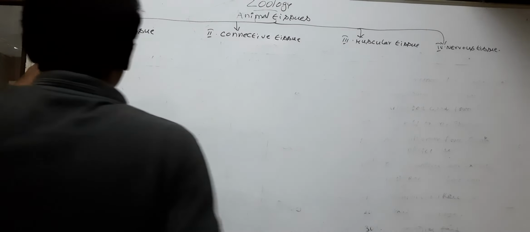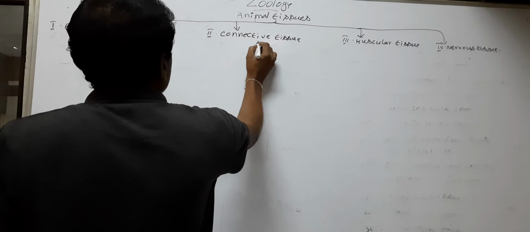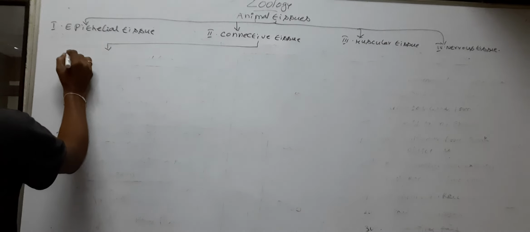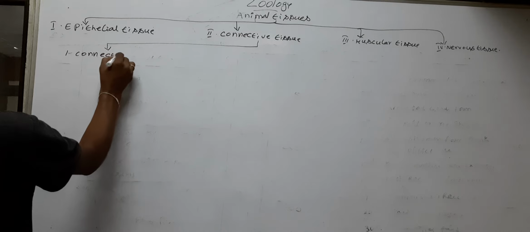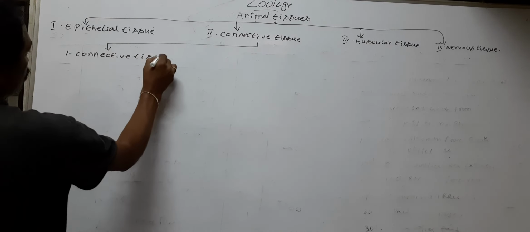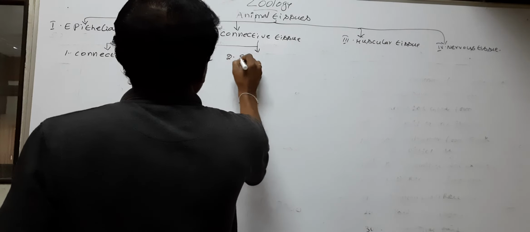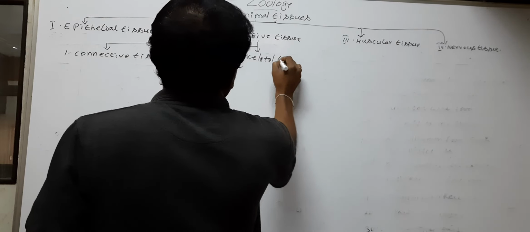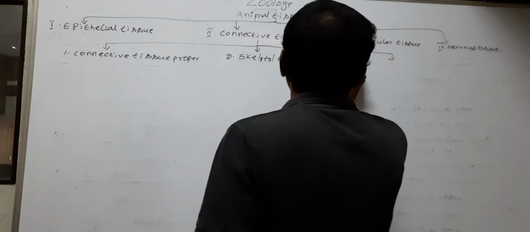We already completed epithelial tissue. Next, connective tissue divides into three types: connective tissue proper, skeletal tissue, and fluid connective tissue.